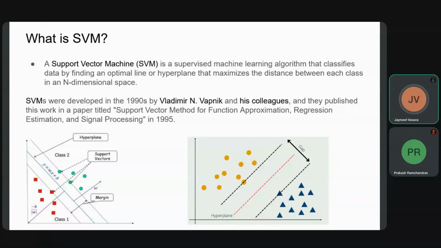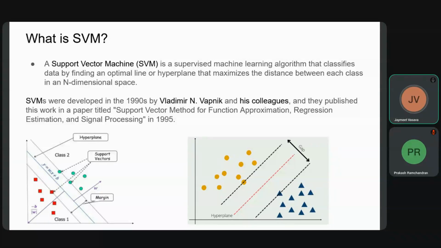Parallel to the hyperplane, there are two lines called margin lines. These margin lines are defined by the support vectors. Support vectors are the closest points to the hyperplane, which also define the orientation of the hyperplane.